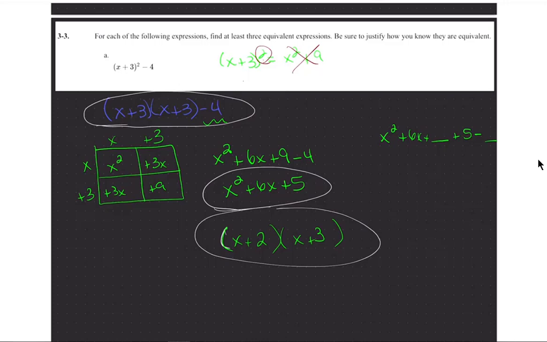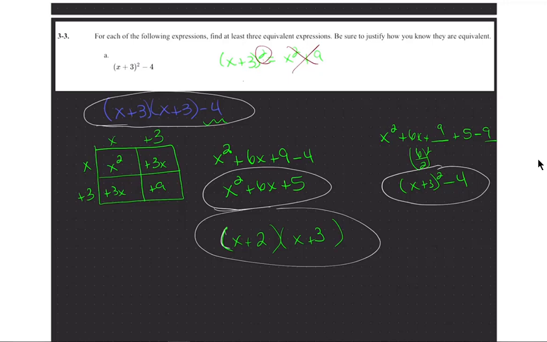To figure out our term, it's going to be 6 divided by 2, and we're going to square that, which is 9. So a plus 9 and then a minus 9. So then our perfect square is going to end up being x plus 3 squared minus 4.